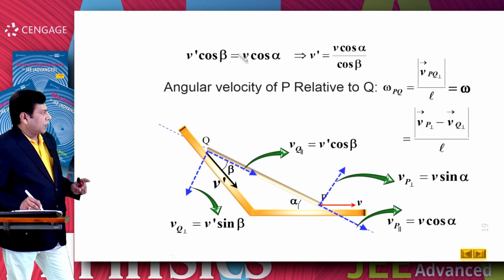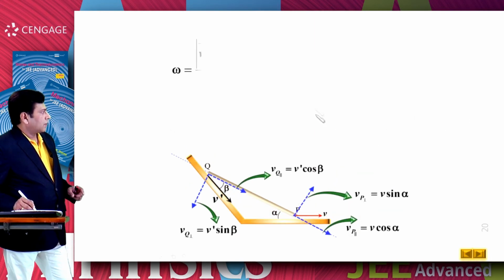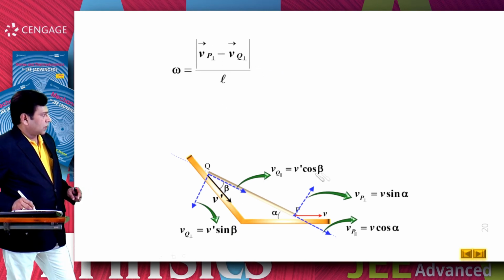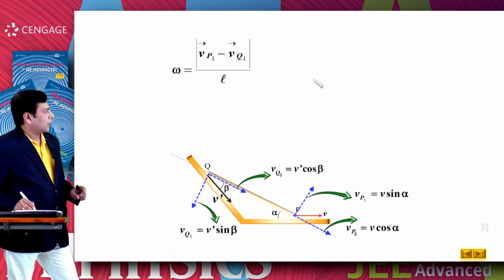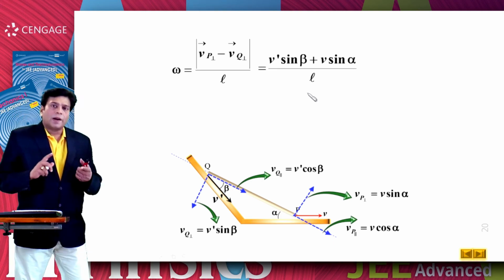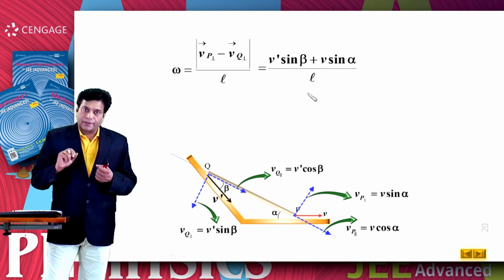So let us write the formula for the angular velocity again, and now we can substitute these values. That is v sin alpha plus v dash sin beta overall divided by L. We have already calculated the value of v dash.